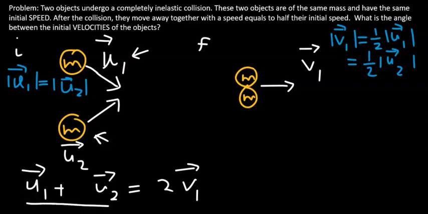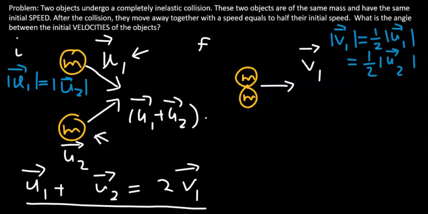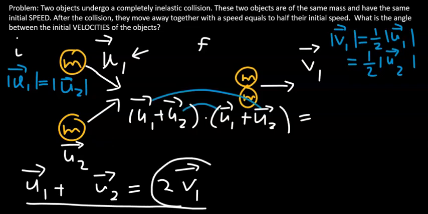Let's take the dot product of this equation with itself. So that means (u1 plus u2) dotted with (u1 plus u2), and the right hand side is 2v1 dotted with 2v1, so that is just 4 times the magnitude of v1 squared.